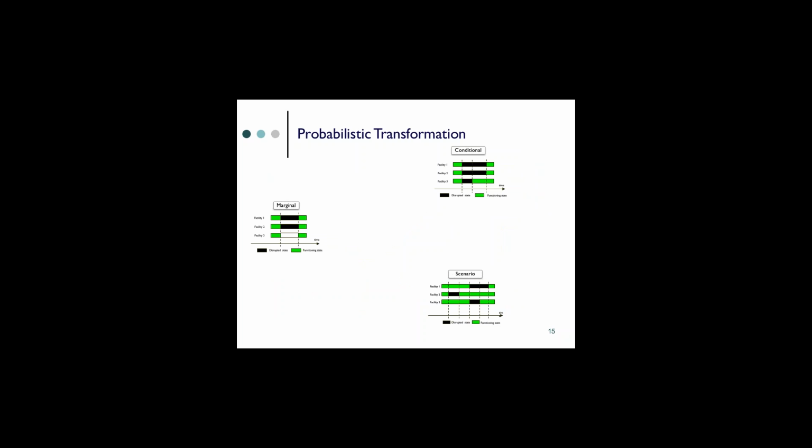Then, to unify these 3 representations, we develop the pairwise transformations between them. 6 sets of equations are implemented for the probability transformation.